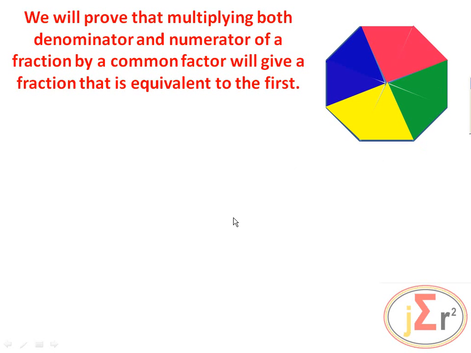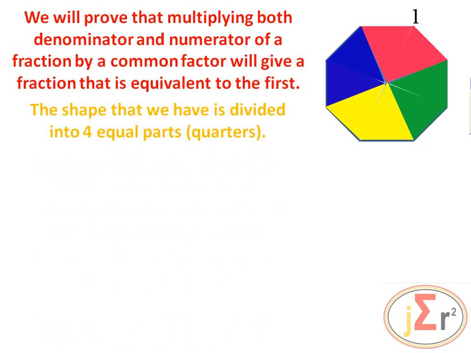Now, before we move a step further, Jerry, this figure that we have here, how many equal parts is it divided into? 4. We have 4 colors right there representing the 4 equal parts in which the figure is divided.